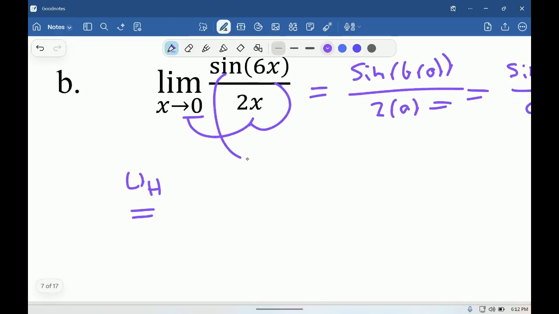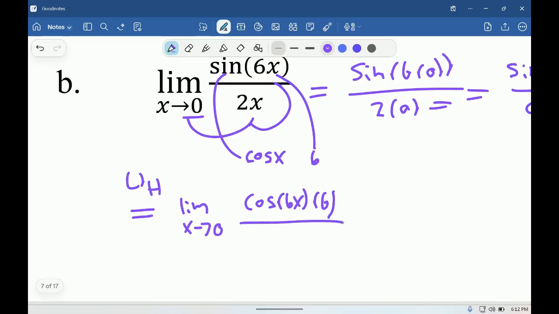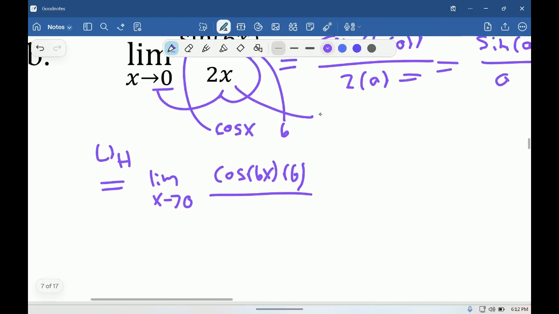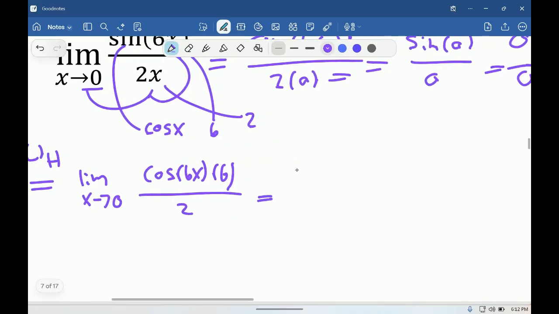This means that we're going to find the derivative of sine, which is cosine x, and the derivative of 6x, which is going to be 6. So this is going to look like this. We keep the 6, so cosine x times 6 on top, and the derivative of the bottom denominator is going to be 2. Then we're going to apply our limit.